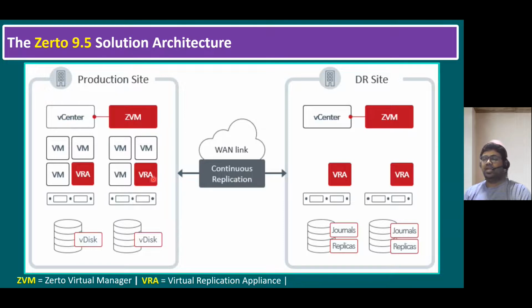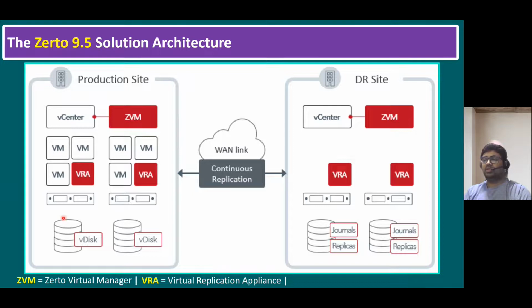And VRA means we have to install a virtual replication appliance on each ESXi host. If you have 100 plus ESXi hosts, all the ESXi hosts must have a virtual replication appliance installed. How to install VRA we talked about in our previous class. The same scenario is applicable in the DR site also. We should have a management tool ZVM, and a VRA must be installed on our ESXi hosts.